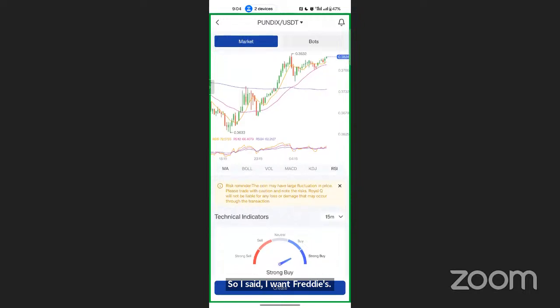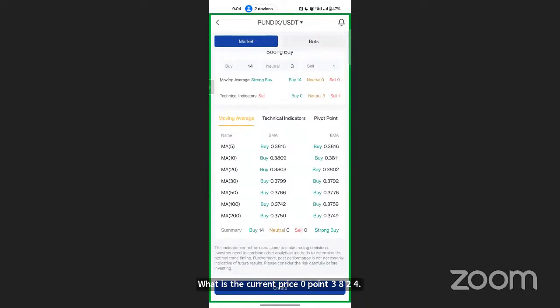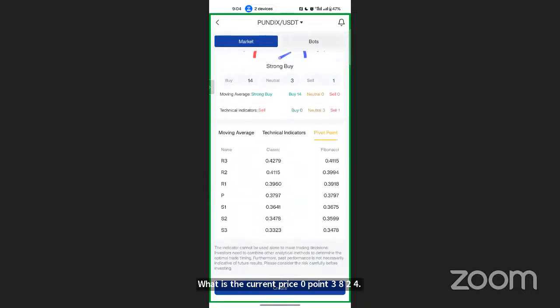0.3824. Now I come here to the pivot point. The pivot point is at 0.3797. So already Pundex is above the pivot point at classic, so it is going to resistance. The resistance price is 0.396.